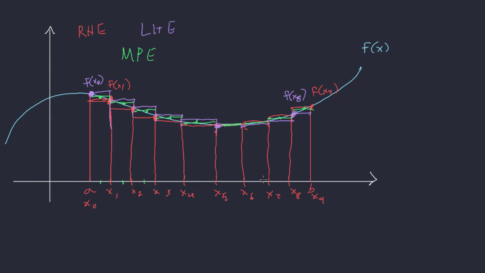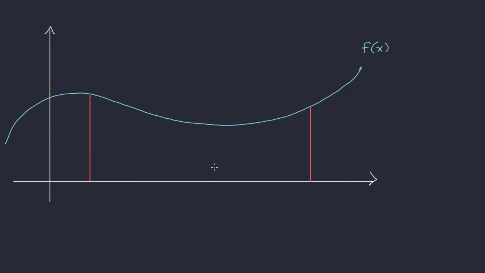But here's the main idea. Okay, the main idea is that if we use even more rectangles, say we use much smaller but a larger number of rectangles, right? So say we're doing some right-handed estimates here, but with much smaller rectangles.